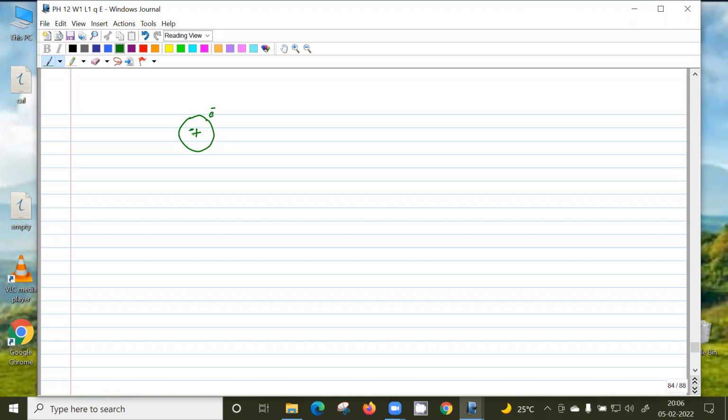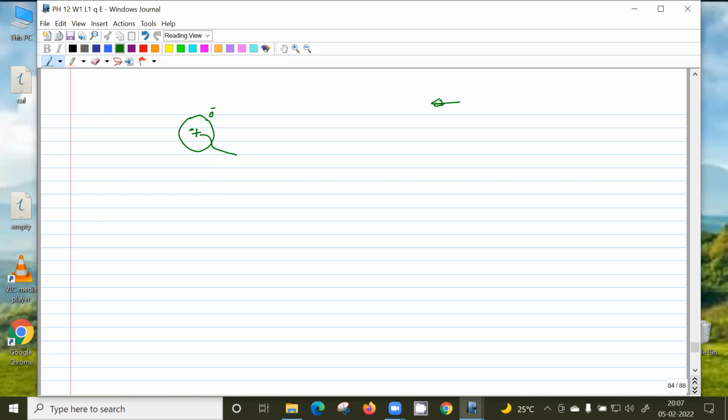Got it? Sorry, sir. No, you take a simple picture. Say the electrons are symmetrically distributed, right? Yes, sir. So if you look from far away, instead of this having a shell of electrons, I can concentrate the whole. What is the center of this electron distribution? This center point, right? Yes, sir.